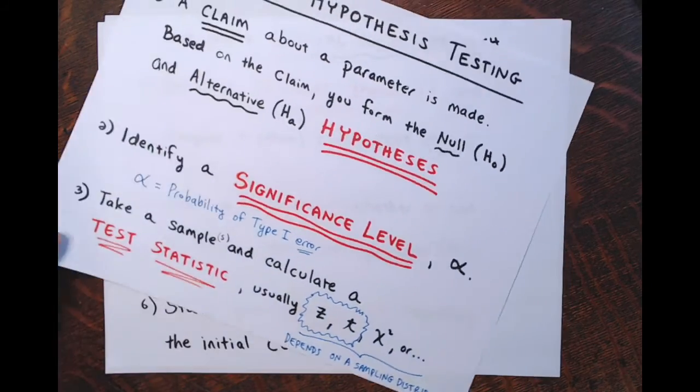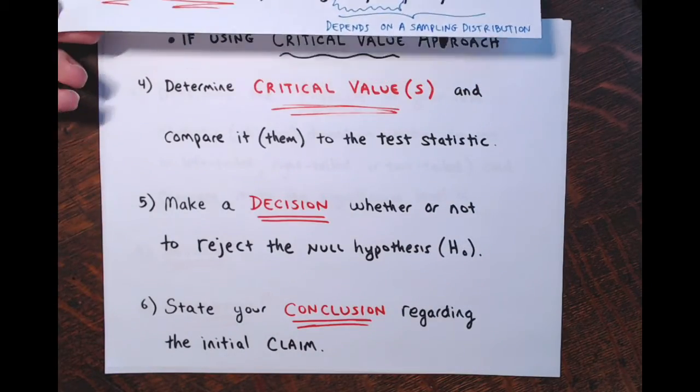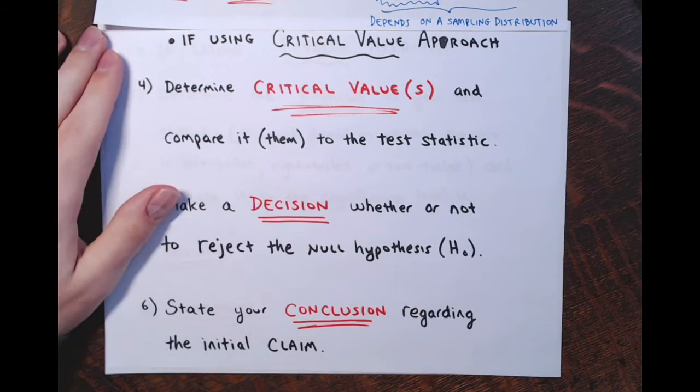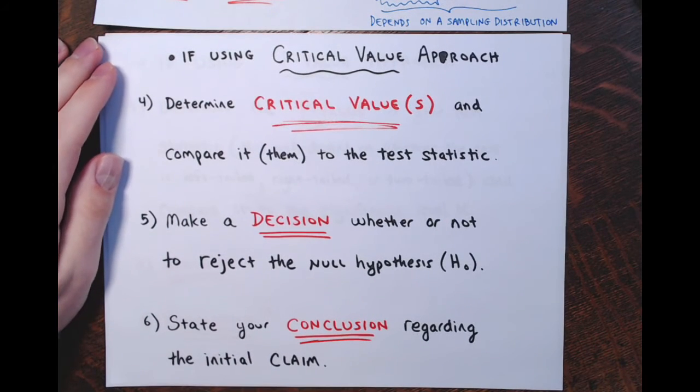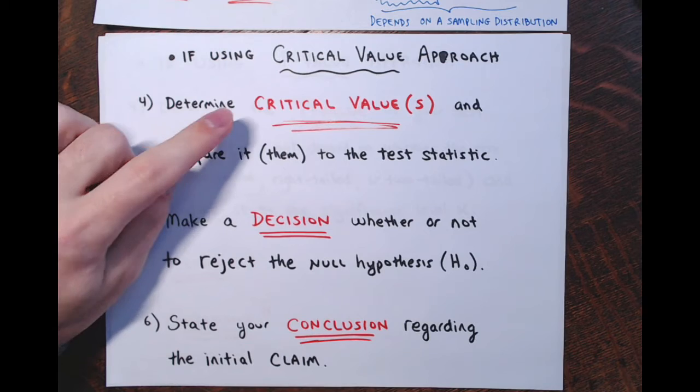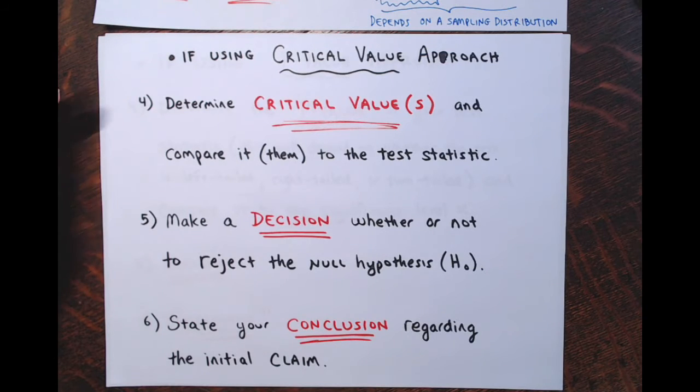Now, if you are using the critical value approach, after that test statistic is calculated, you determine a critical value or critical values, and those will depend on what kind of distribution you're looking at. And that'll help you set up a rejection region, something called a rejection region.